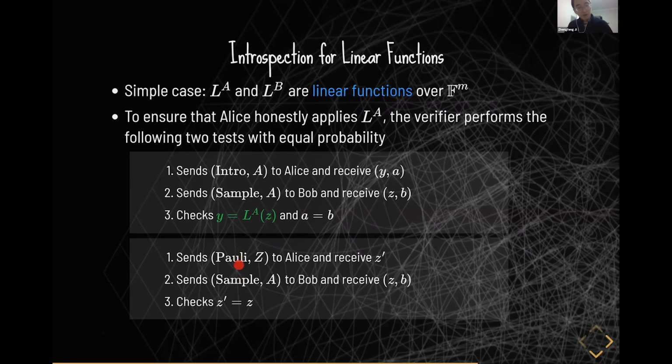Because we do this cross-check between sample and Pauli measurement, we use this Pauli basis measurement to enforce that the players have to measure an honest Z measurement.